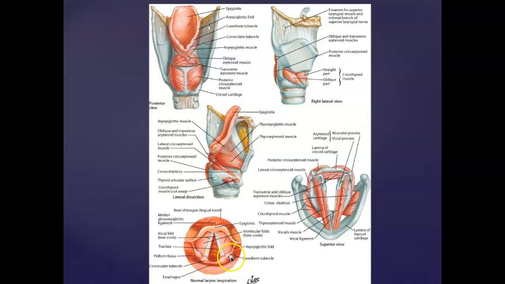Okay. Now in the walls, here would be those corniculate cartilages right here. These are labeled on this diagram as the corniculate tubercles, but that's just because there's soft tissue over the top of it. So here's the corniculates that are right on top of the arytenoid cartilages, and then lateral to those are these cuneiform cartilages here, and these are found within the membrane of the thyroarytenoid muscle that we'll see in just a little bit here.